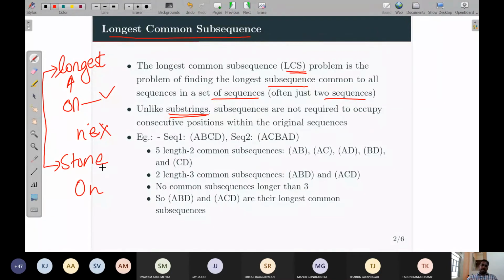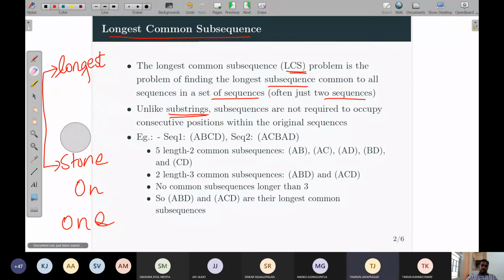Just like that, what is another example? If I ask you, is ONE a subsequence in longest and stone? Yes, because here also you can see ONE.